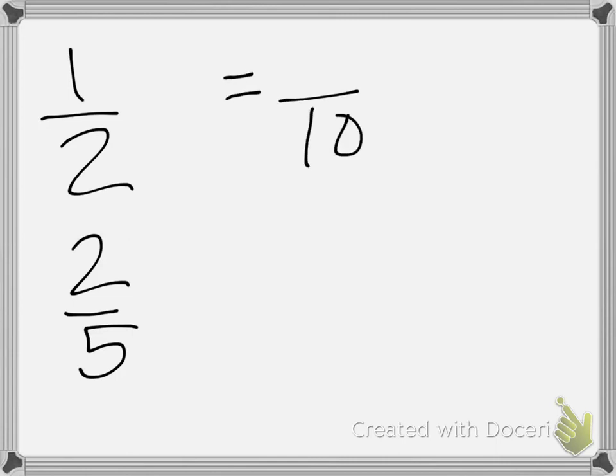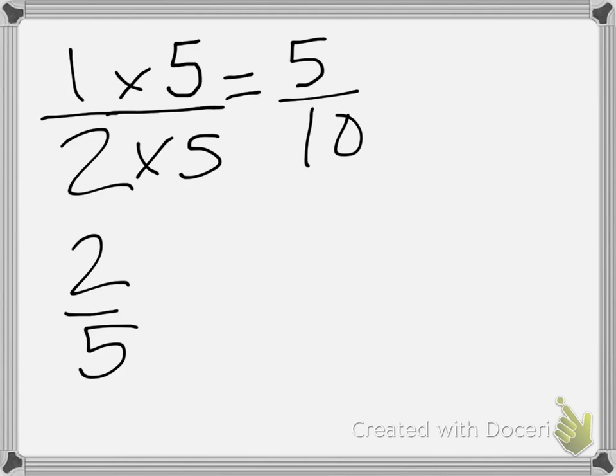So for 1/2, I ask them, 2 times what gives you 10? 2 times 5. What you do at the bottom, you do at the top. So our new fraction is 5/10. It's equivalent to 1/2. It doesn't change the value of a half.